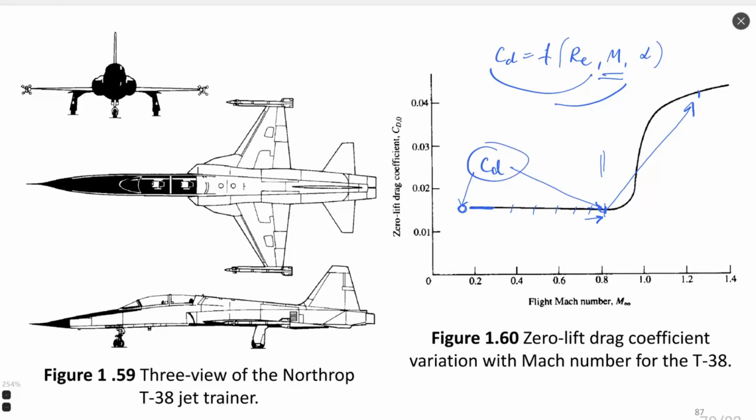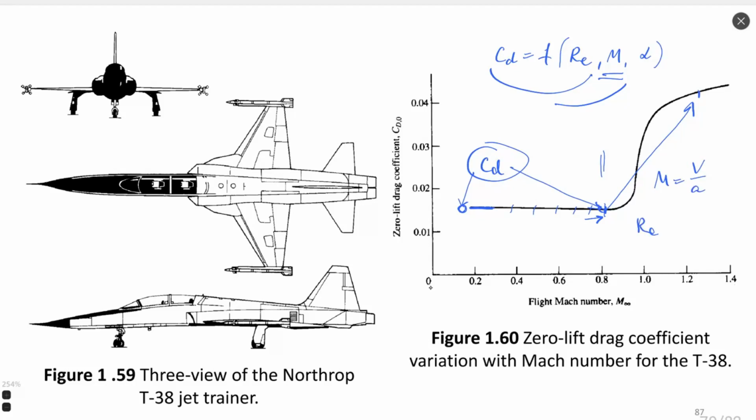Keep in mind that we just change Mach number. We need to keep the same Reynolds number, right? So this is only a discussion about Mach number. Do not forget that in Mach number we have velocity divided by speed of sound.